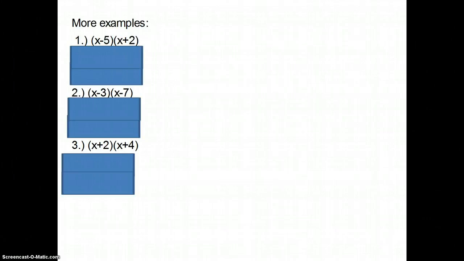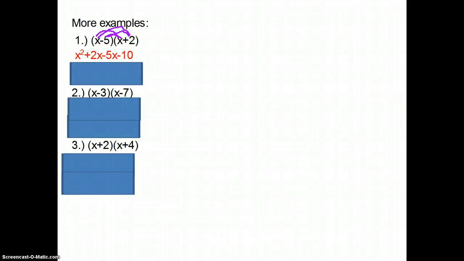Well, when we do the distributive property, you get x squared plus 2x minus 5x minus 10.